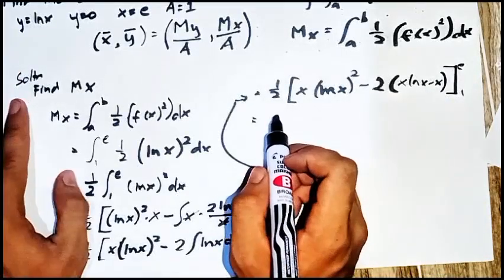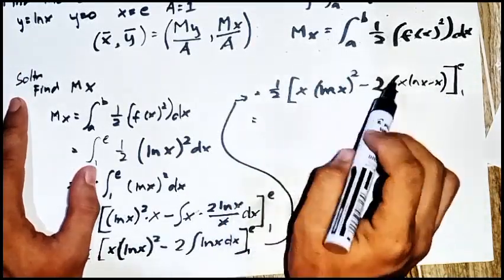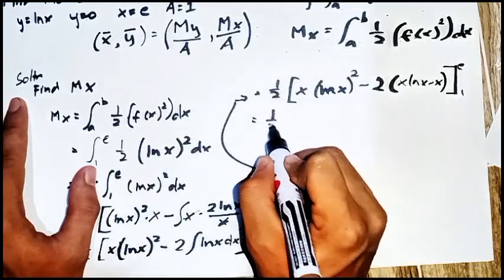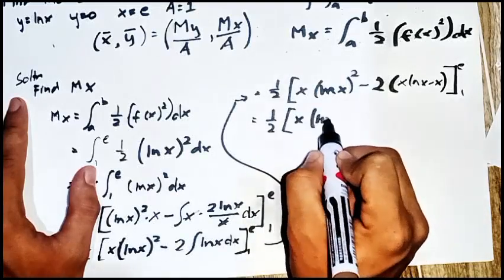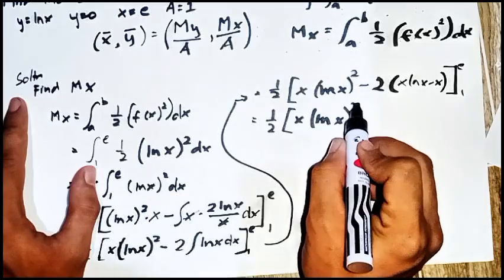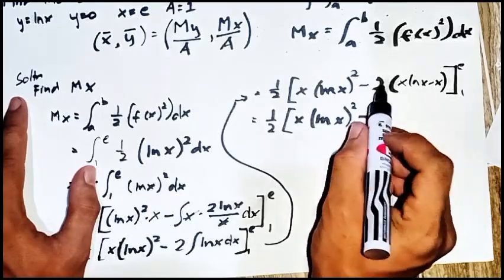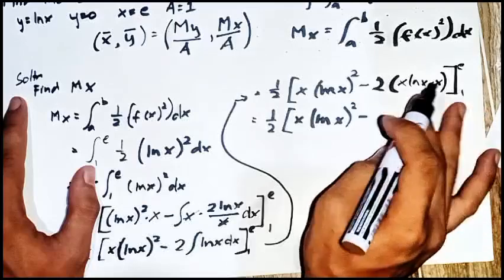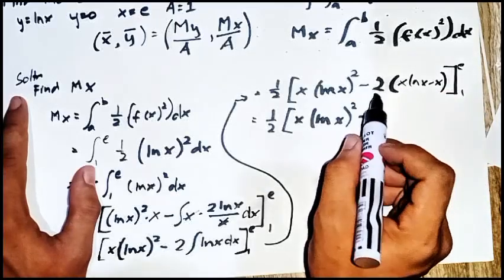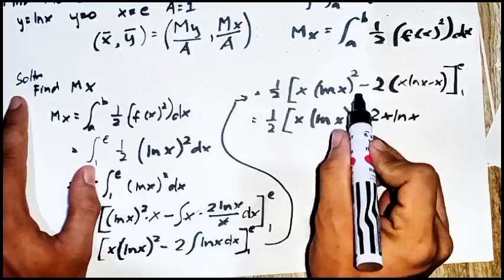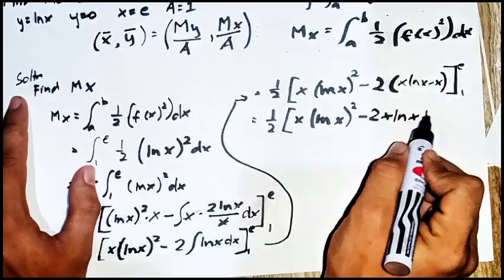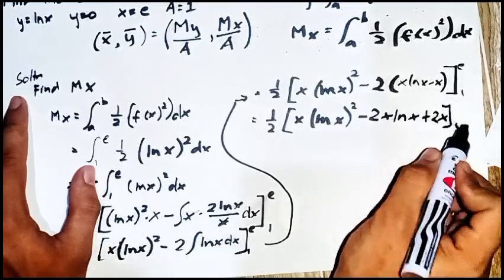So next, let's distribute the 2. Copy the x (ln x)^2 minus, distributing 2 inside the parentheses: negative 2 times x ln x is negative 2x ln x, negative 2 times negative x is positive 2x, from 1 to e.